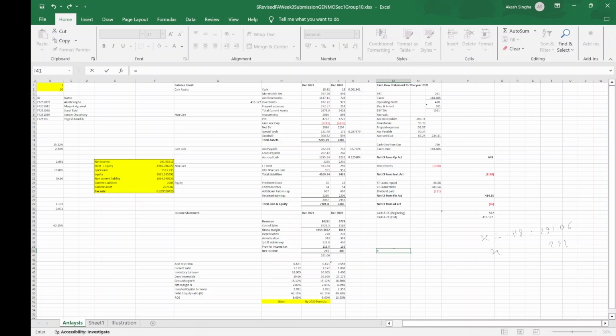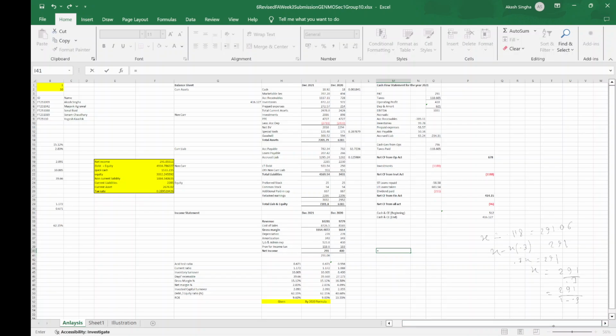So what is the profit after tax? X minus x into 0.3, let's say. So 0.7x equals 291. So x equals 291 by 0.7, which is 291 by 1 minus 0.3, right?